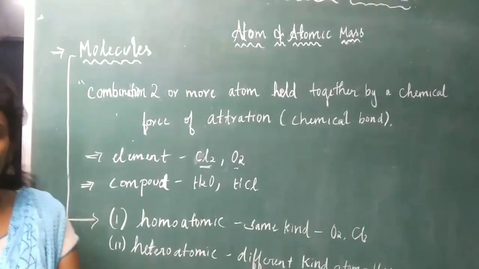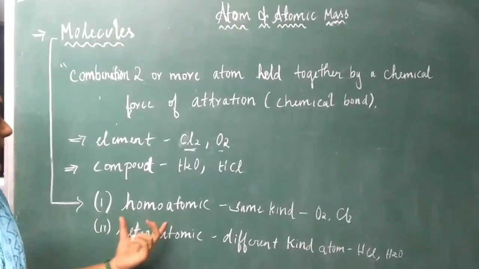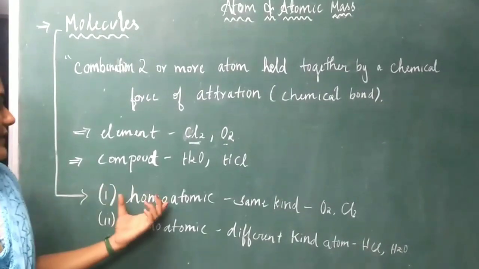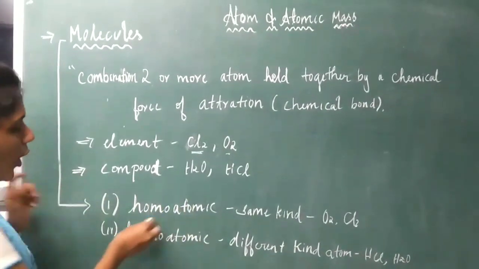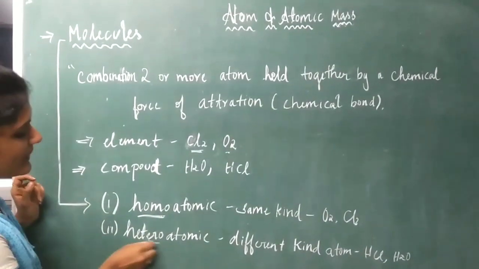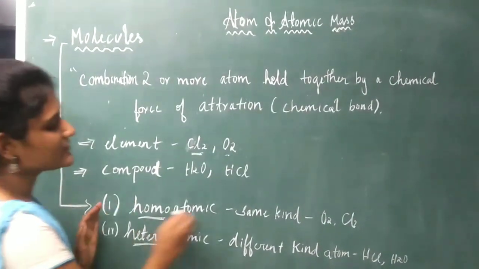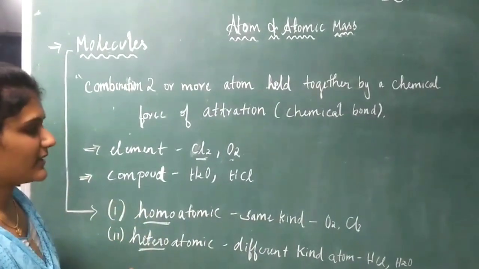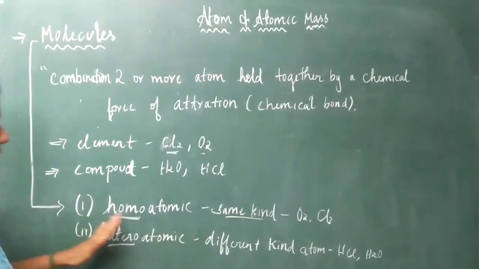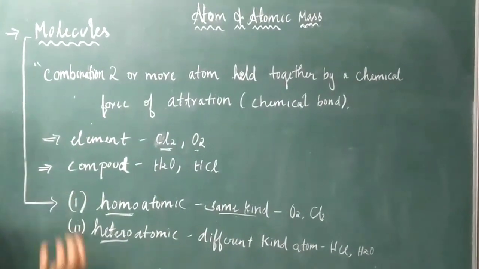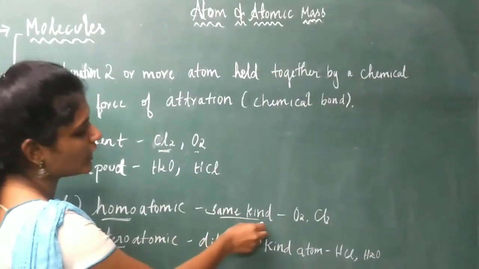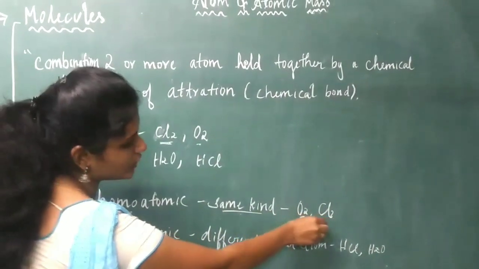Now we are going to study the classification of molecules. Classification of molecules is of two types. One is homoatomic molecule, the next one is heteroatomic molecule. Homo means same. Hetero means different. So atoms of the same kind combined together by a chemical force of attraction are called a homoatomic molecule. Examples: O2, Cl2.